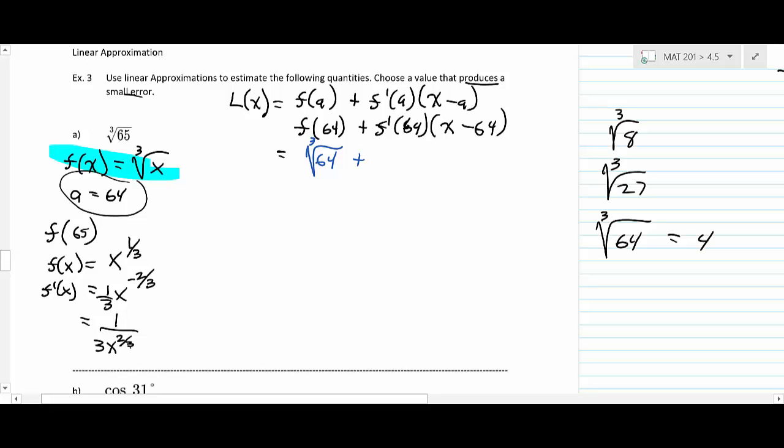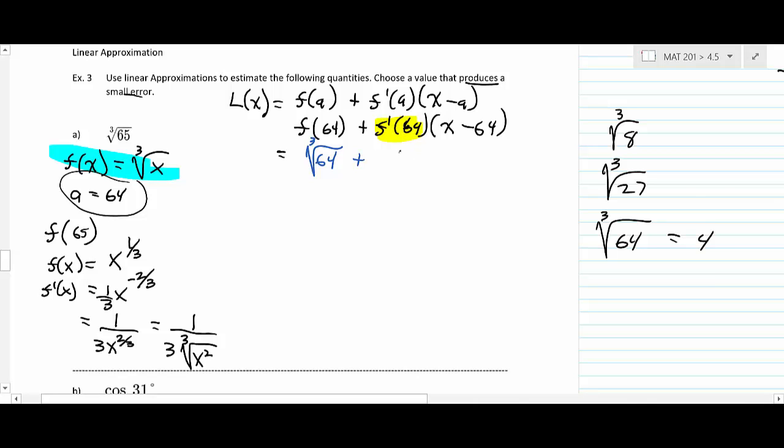And then you can change this back to a radical, because you're going to need to do this to evaluate it anyway. So you'll have 3 times the cube root of x squared. That's the derivative. So why are we doing the derivative? So we can do this piece of the formula right there. Let's write that out.